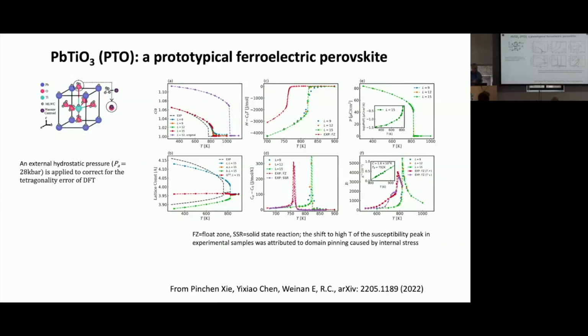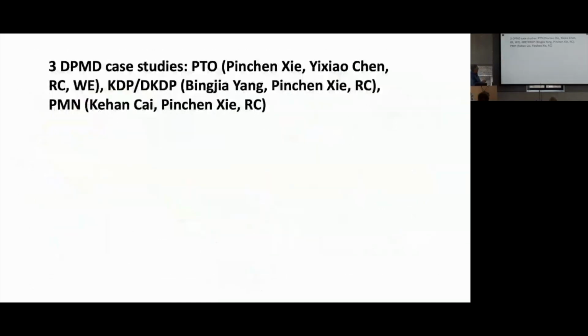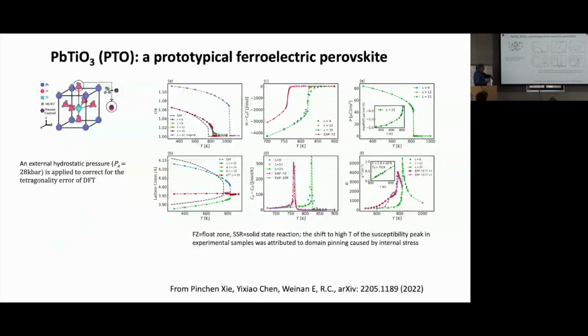So we need to go to a rather large number of atoms in order to reduce finite size effects.